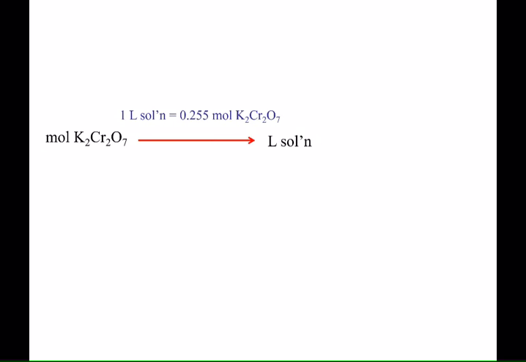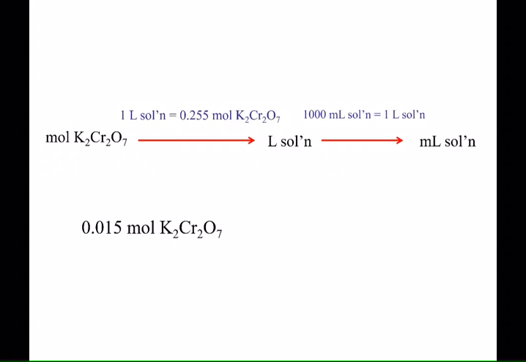So the strategy looks like this: we're going to use molarity to go from the moles that we're after to liters of solution. And then in this particular problem, we have to fix our liters to milliliters using something we've used before. Within the metric system, 1 liter is exactly equal to 1,000 milliliters. So the first term is the thing we want to convert. What does that second term look like to have moles cancel, and be left with liters?